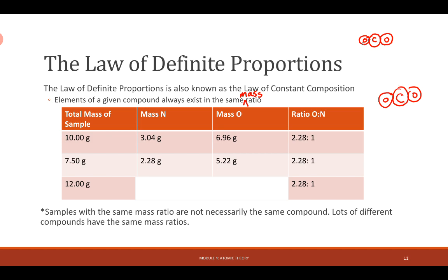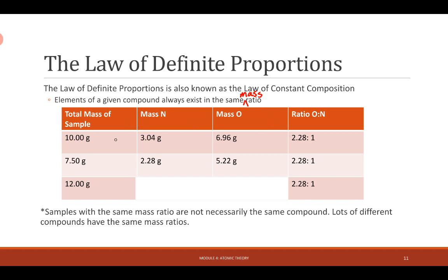And now we know that's because they have the same chemical formula and the same number of carbon and oxygen atoms in each molecule. But they didn't really know all that back then, so they were doing everything based on mass.